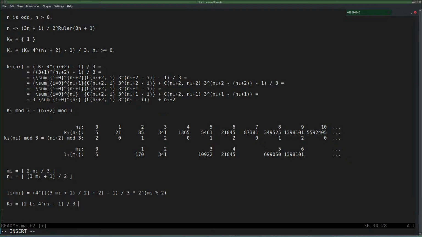And then if you want to write that out, you get something pretty horrible. So now we want to do something like this, but then for the next step.